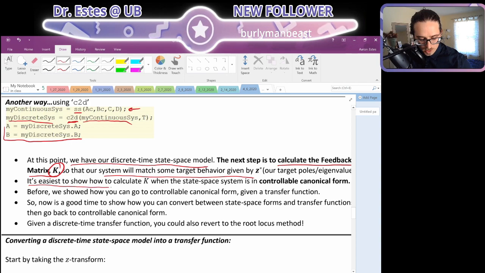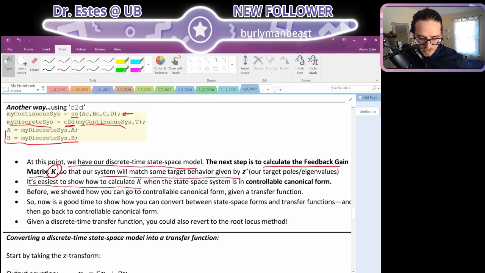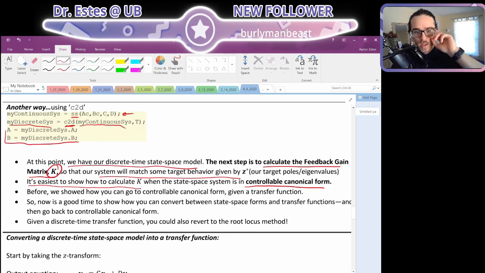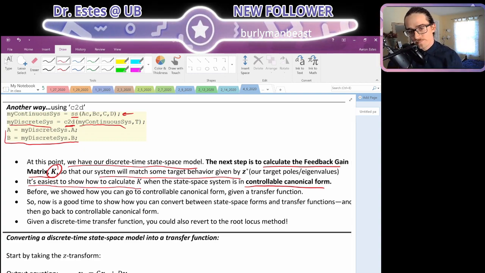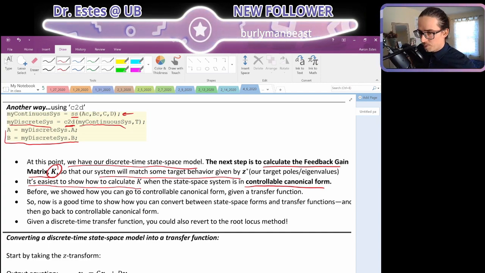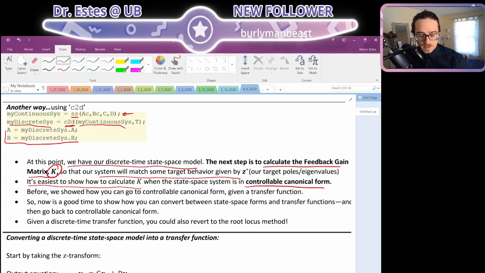It's easiest to show how you calculate this matrix when our state space system is in controllable canonical form. Right now, our system is not in controllable canonical form. I can still show you how to make this gain matrix when we're in this form, but the first time I show it to you, I want it to be in this form so that it's easiest to explain.